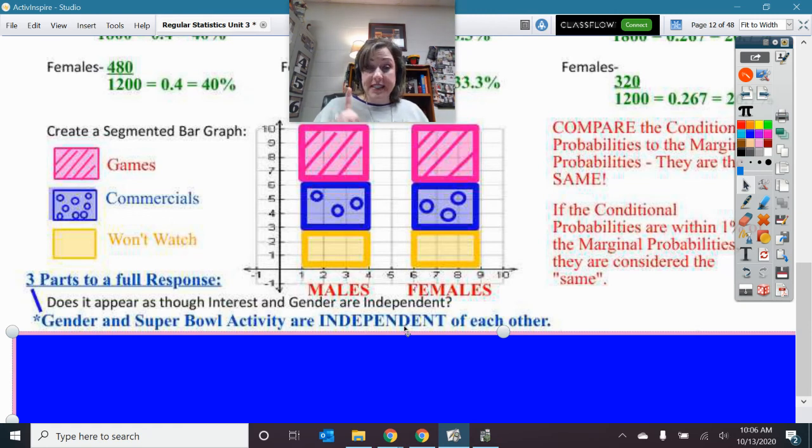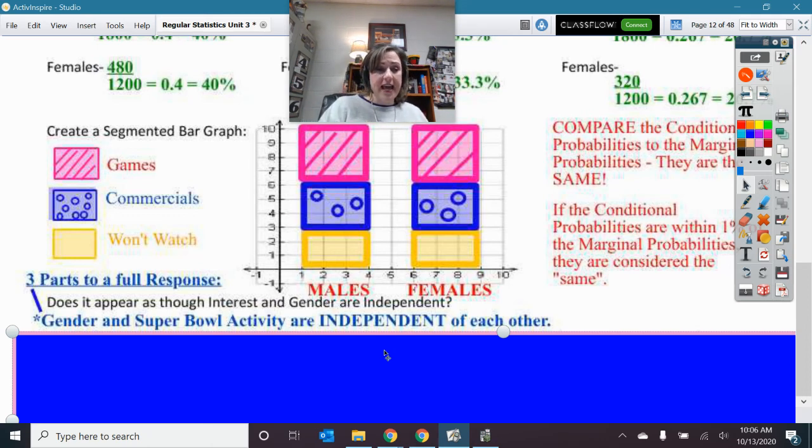Now, this second statement is elaborating on this. See, I said my gender and Super Bowl activity are independent of each other. And I always start this second sentence this way because it just makes sense to me. The fact that you are, and then you say the conditional things, male or female, and then you say does or does not affect the rate.